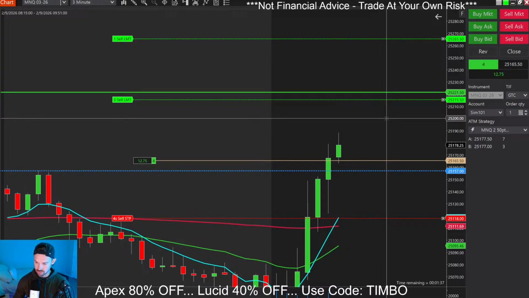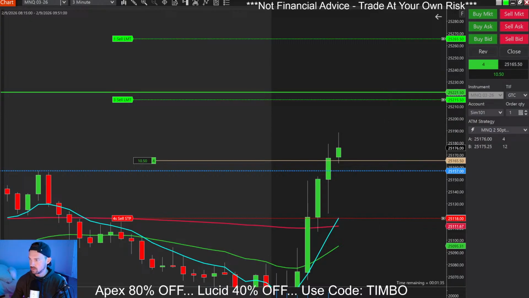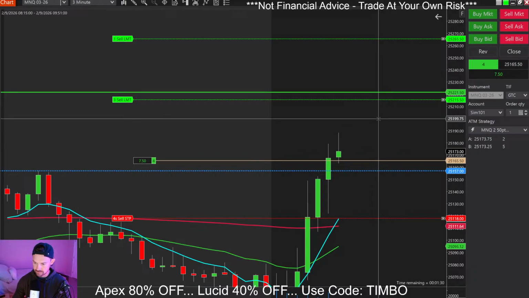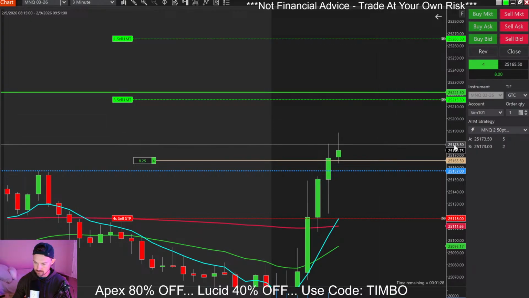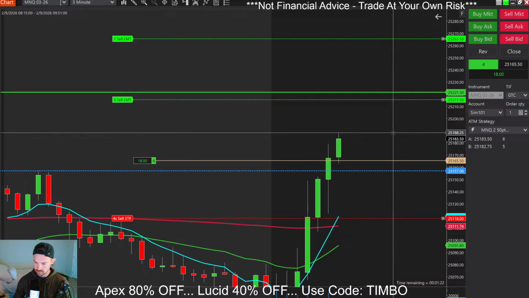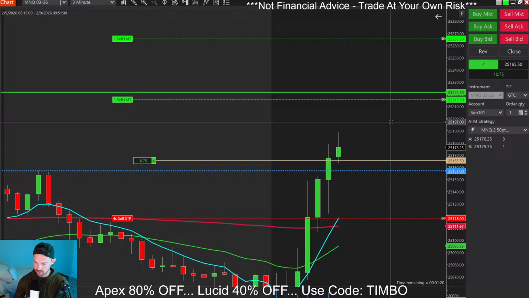We got this 200 level right here as well, so see if we can go test up into that. A little bit of weakness here. See if we can push through there. Go test that 200 level.